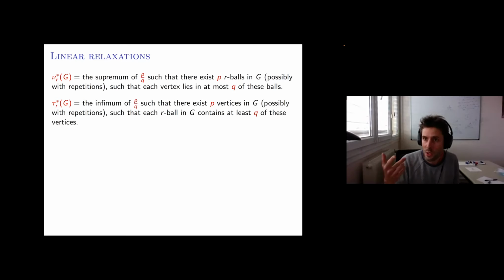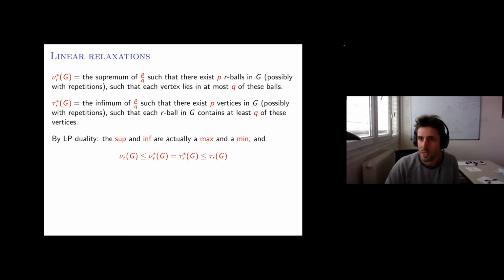And once again, if you take q equals 1, what you're talking about is really a transversal. Each ball contains at least one of these vertices. But now you optimize for p over q, and you have something that's at most tau. Right? This is the fractional relaxation.